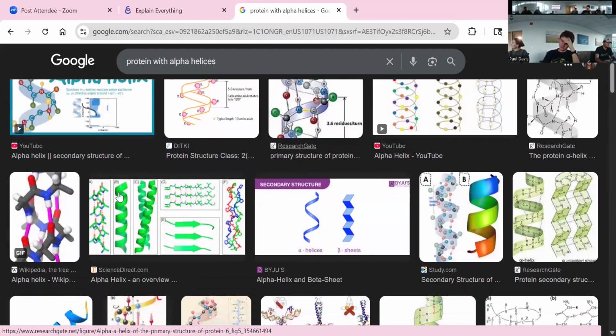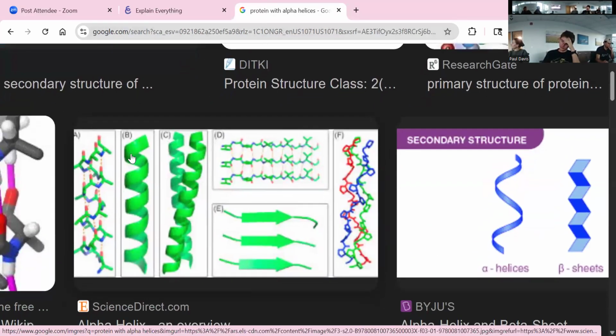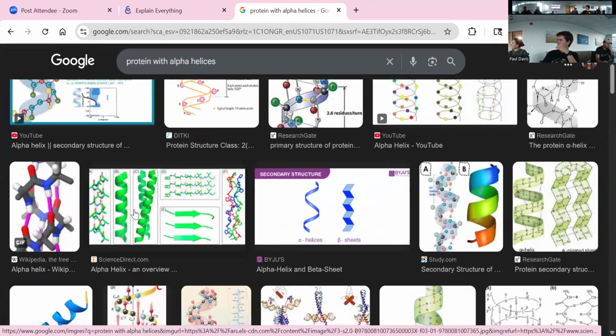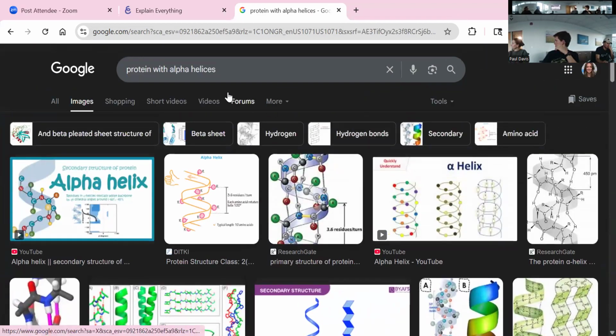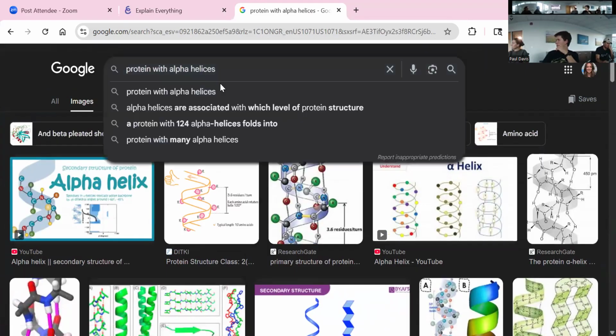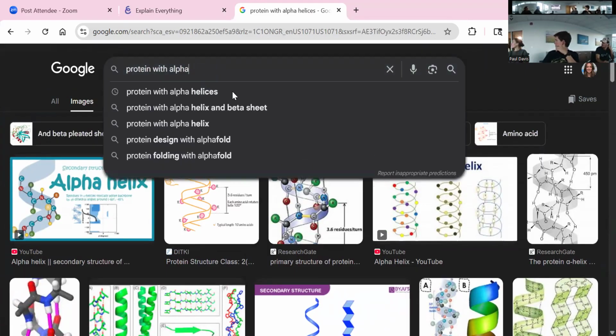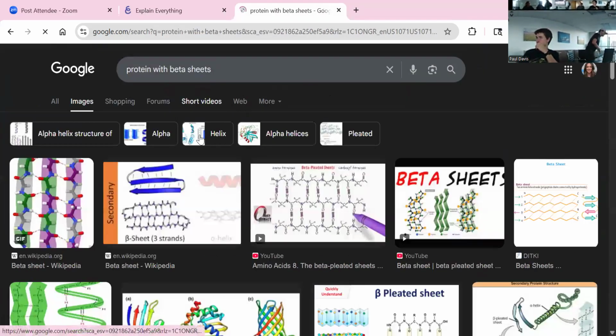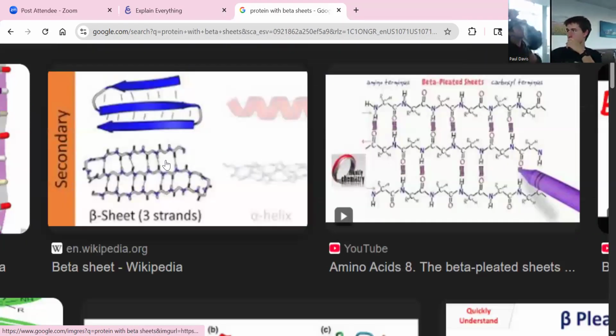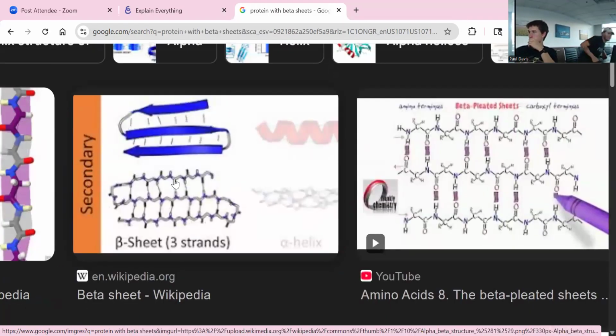When we're looking at a crystal structure, it's going to look something like this within your protein. And then beta sheets start looking like this. This is what a beta sheet looks like.